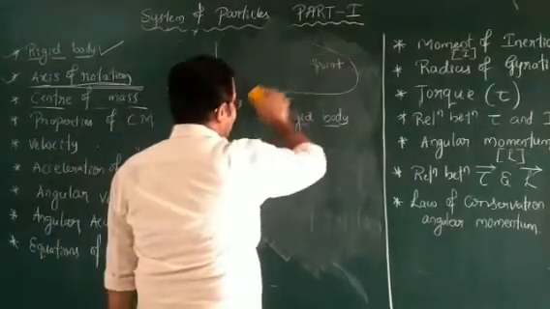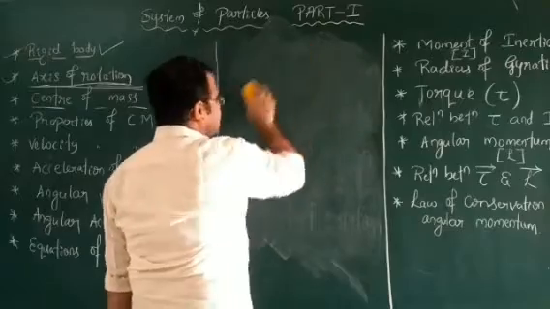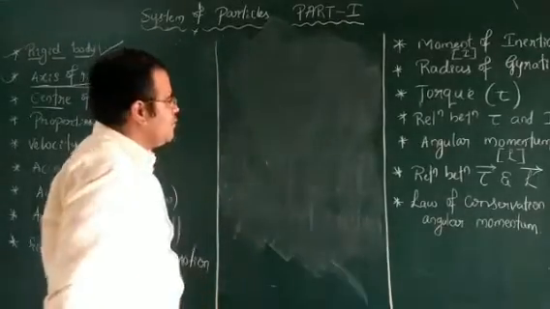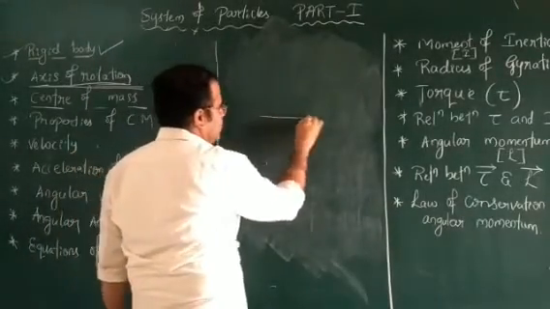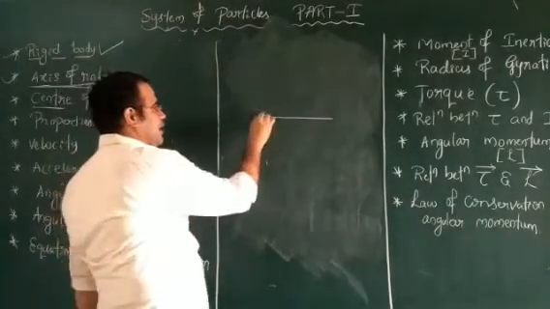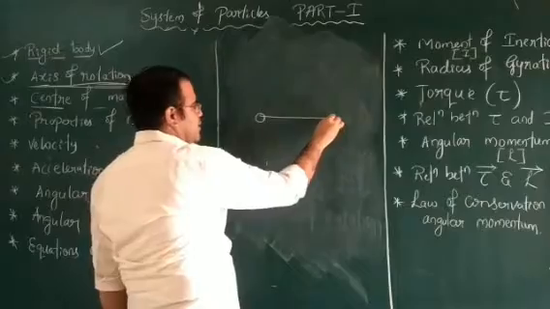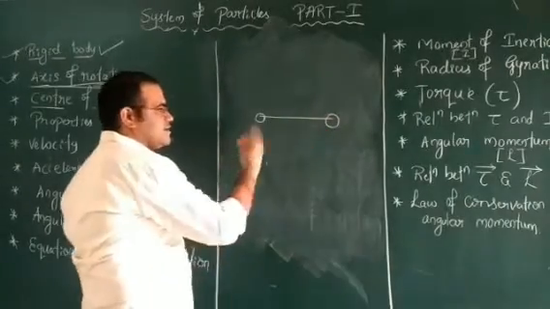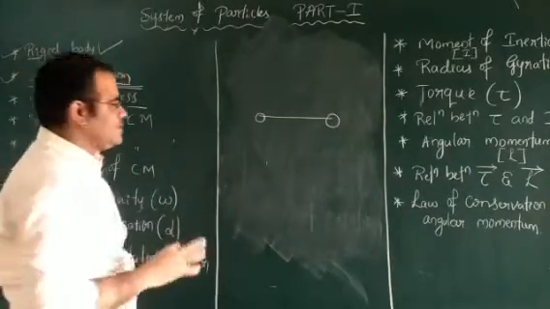For example, if we have a two particle system, let us assume here we are going to observe a rigid body. So consider this as a rigid body, and within it consider two particles. The two particles are separated by a particular distance like this.